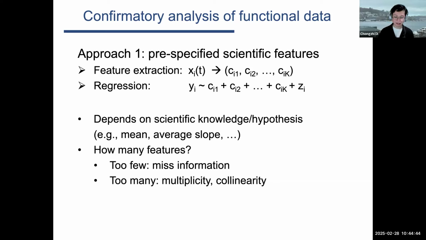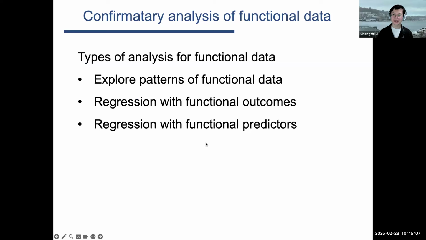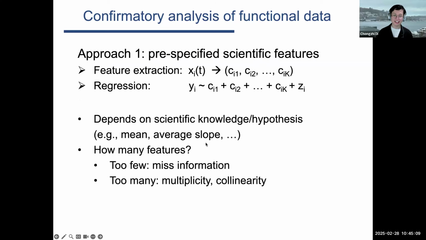But on the other hand, the con of this approach is that you have to know what features you want to use and how many features to use, right? If you use too few, let's say only the mean, or the mean plus slope, you're only capturing a linear trend in the data.